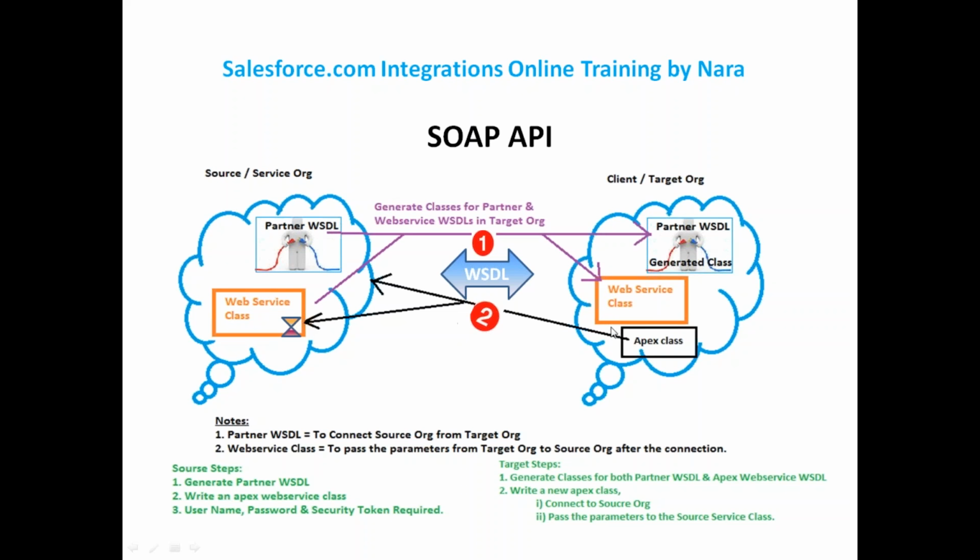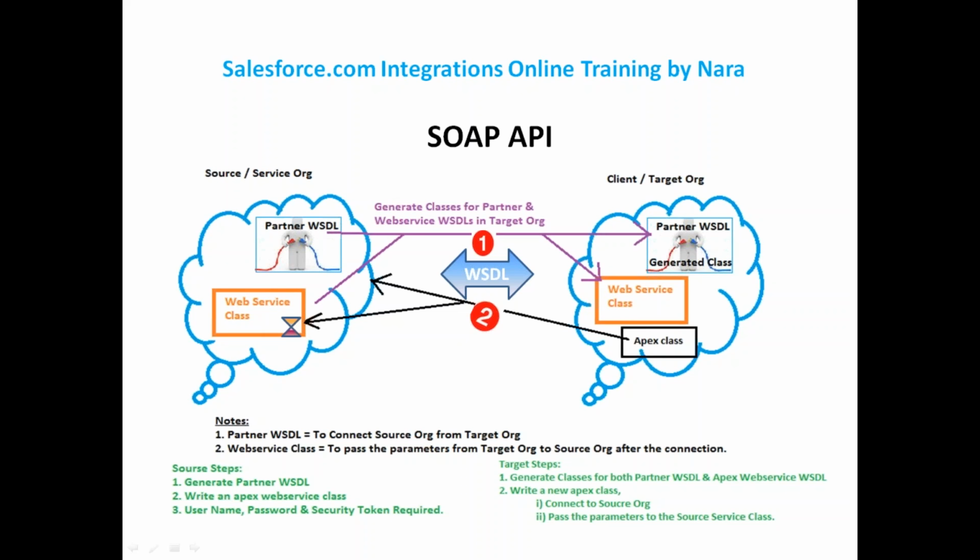Once you connect to the source organization from the target, you get a login result with the session ID, and you have to pass the session ID to this class to hit the methods, because the session ID and session header are the required parameters to hit the custom web service. So that I did, and I was able to pass the required parameters at the same time.